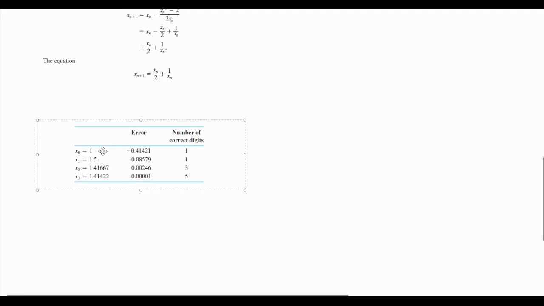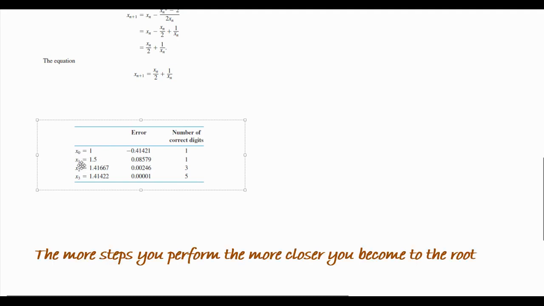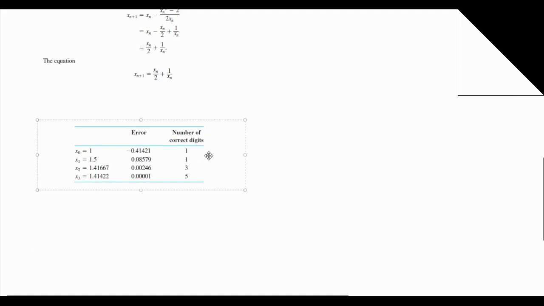Now this 1 is used to get x1. Now this x1 is used to get x2 and then x3, and you can see that some numbers are not changing. You will get some numbers which are not changing, and hence you are coming closer to your sought root.